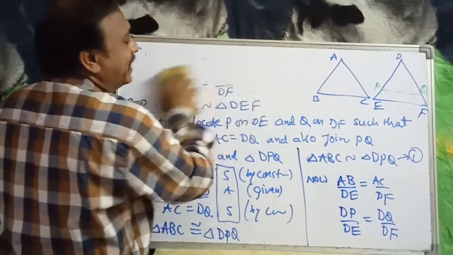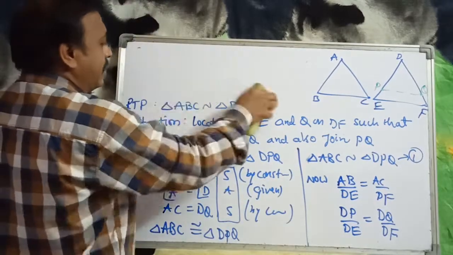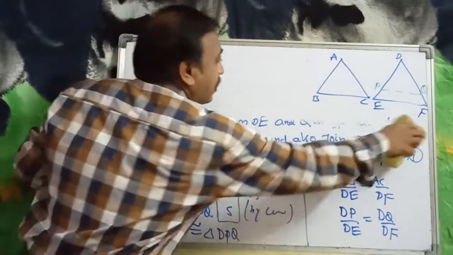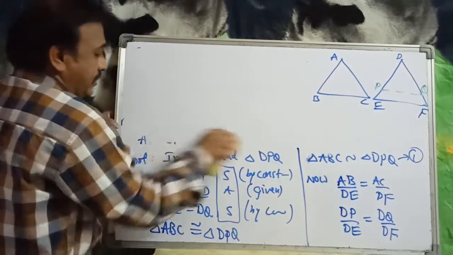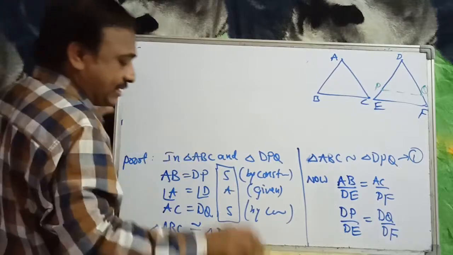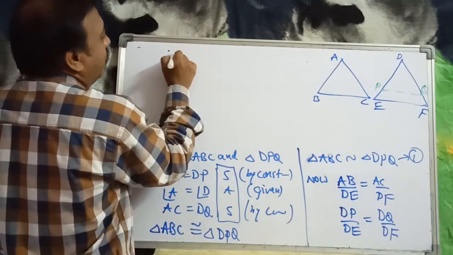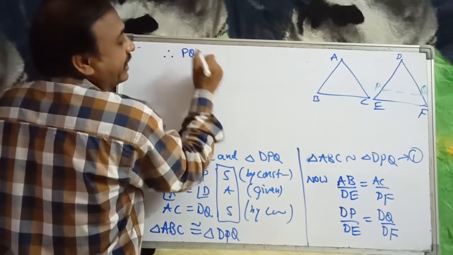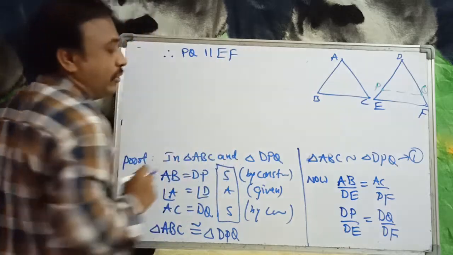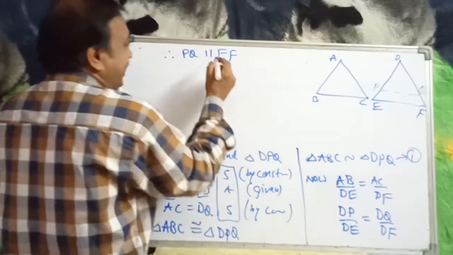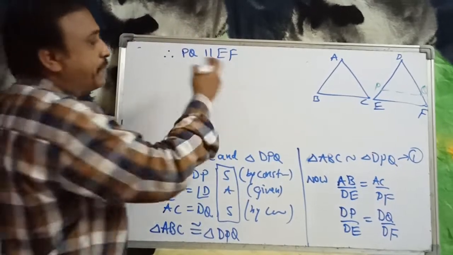So by the converse of the basic proportionality theorem, when sides are in proportion, from this we write DP by DE is equal to DQ by DF. Therefore we get PQ is parallel to EF. So in triangle DPQ and triangle DEF, PQ is parallel to EF.